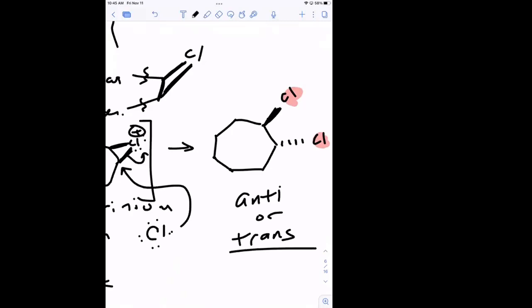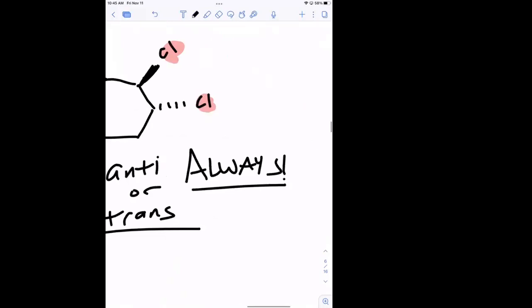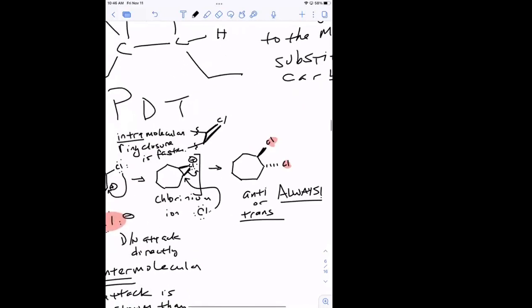Anytime you do a halogenation, if it's chlorine, bromine, or iodine, the two halogens always end up anti to one another. They're never on the same side. Always anti. And that's because of that intermediate.